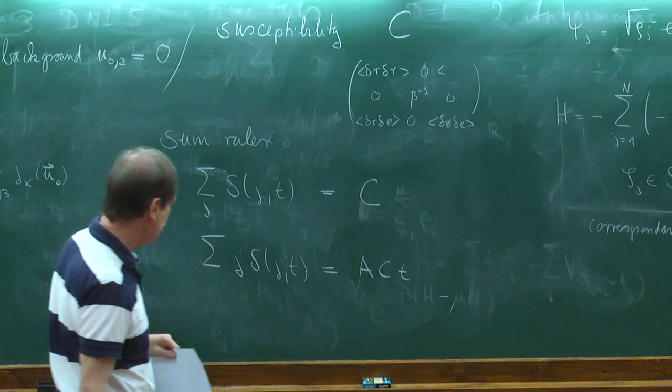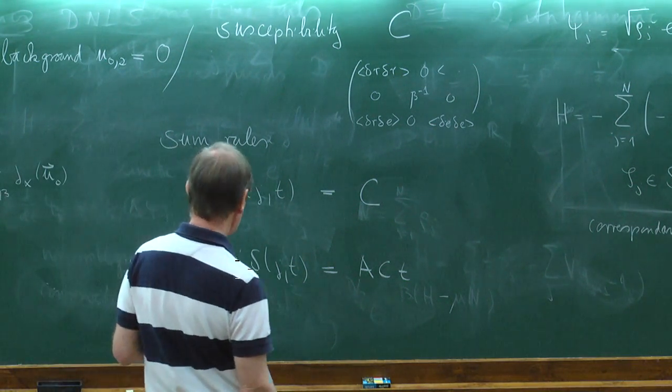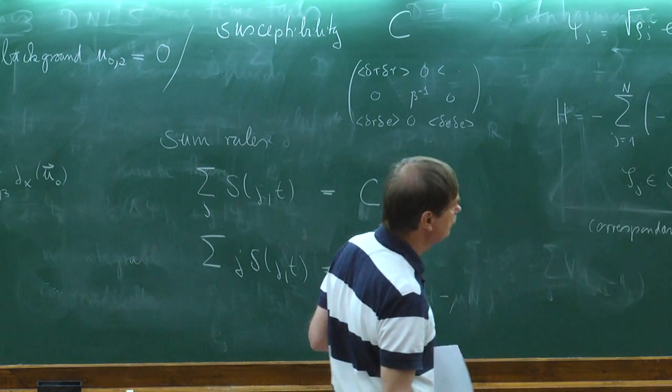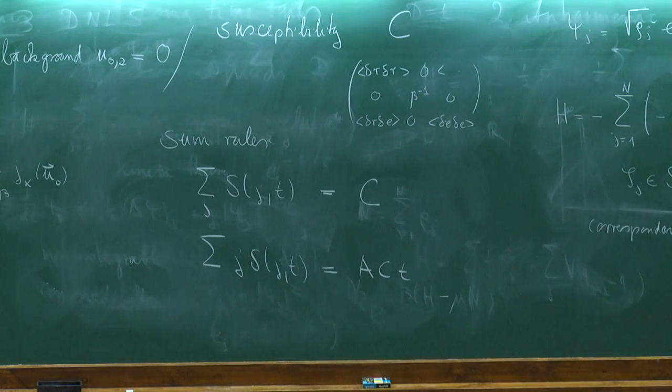Now we also know stationarity. So you see this correlation function is stationary in both arguments. But when I shift these arguments, they differ by their lower index.